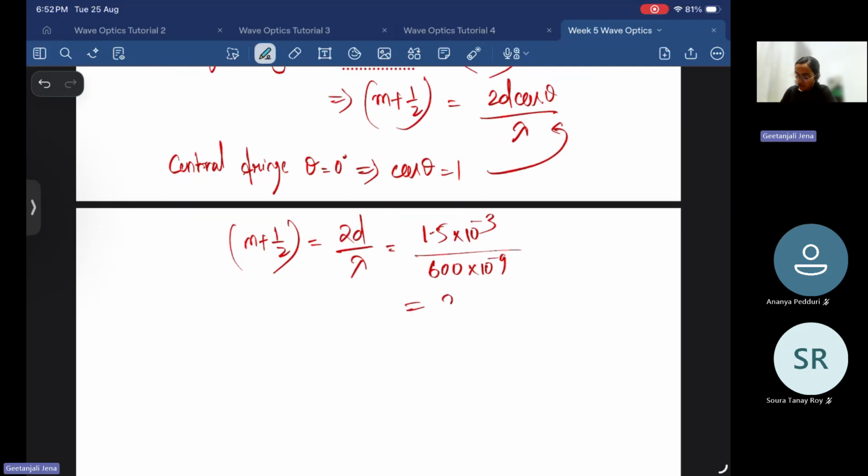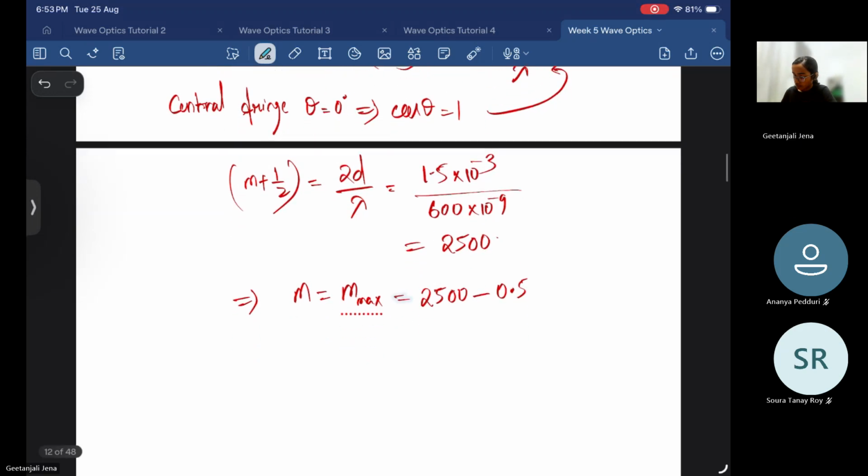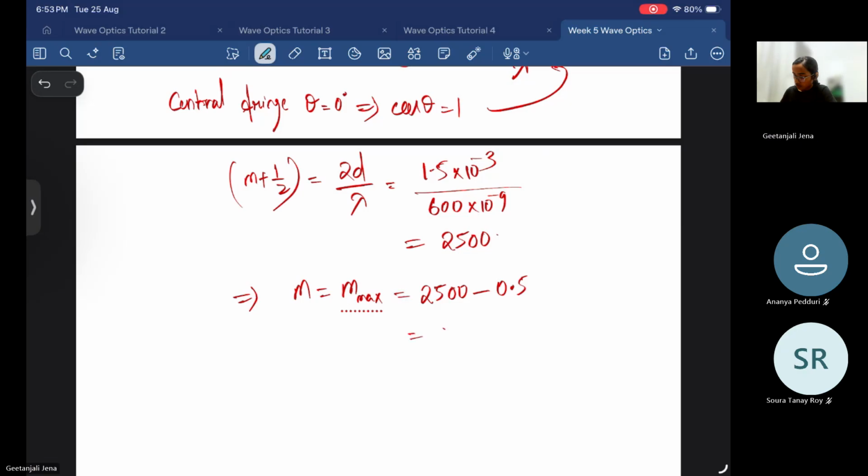So this will give a value of 2500. But the order is m, which is m max for the central fringe. This is 2500 minus 0.5. Angular radius is 5.13 degree.